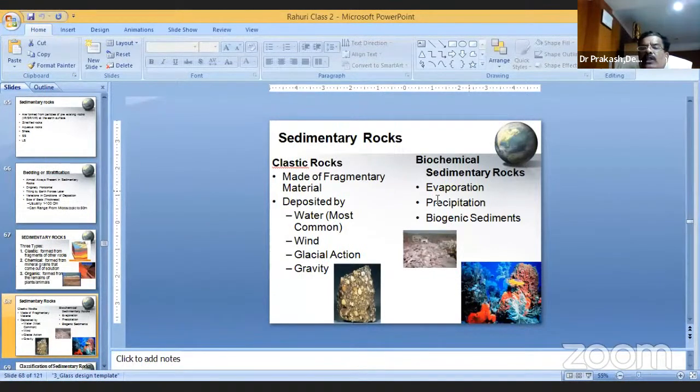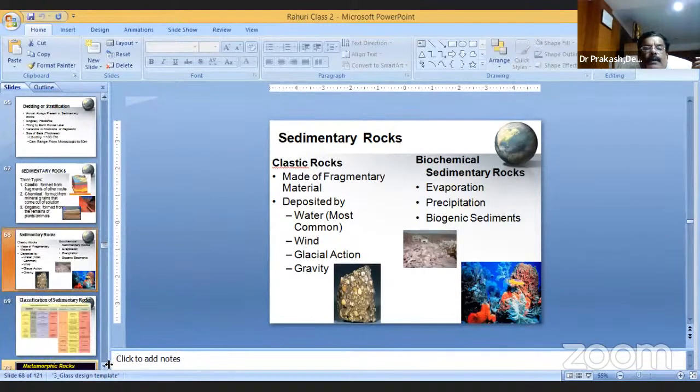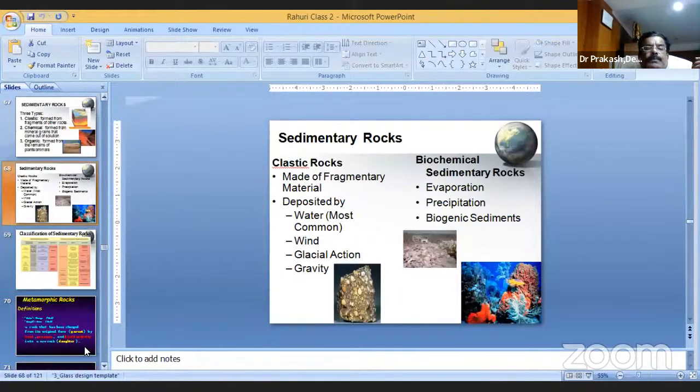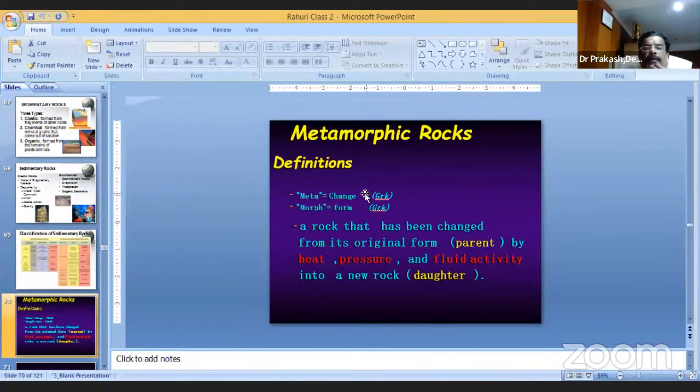Biochemical sedimentary rocks include evaporation rocks; the example is halite. Precipitation gives calcium carbonate. Biogenic sediments include coral and others. Evaporation also gives calcium sulfate, gypsum.